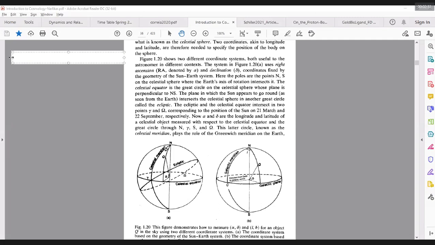First of the coordinate systems is the celestial system.